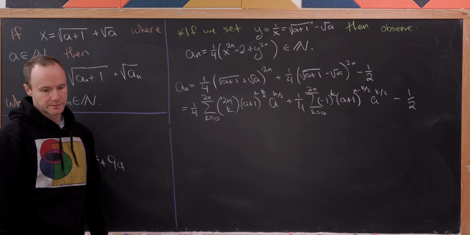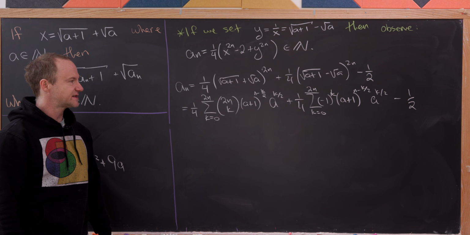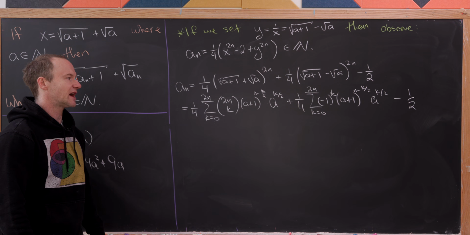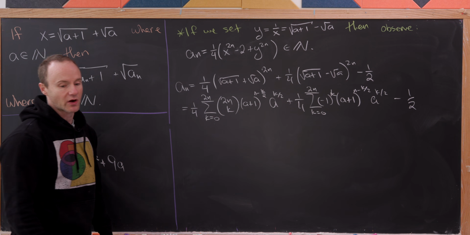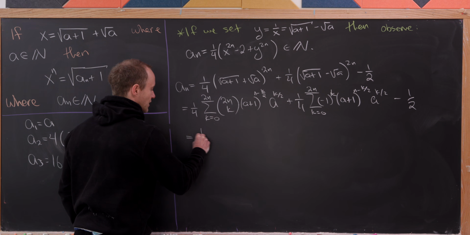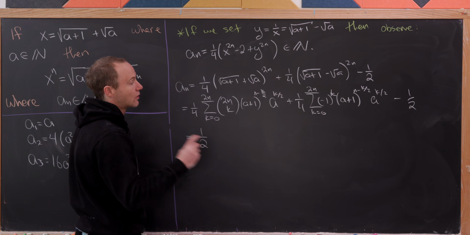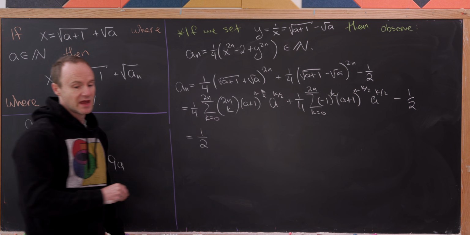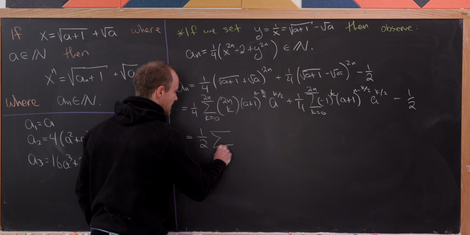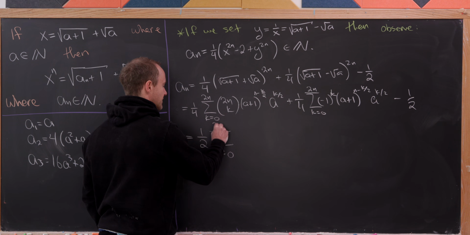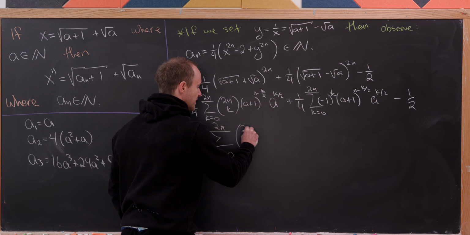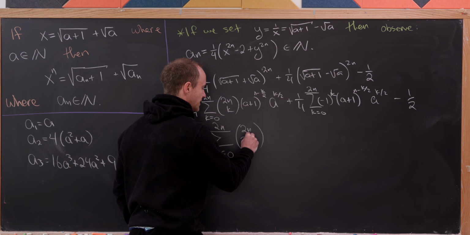Okay, good. And then let's observe that when we add those two things together, the only terms that survive are even. So that means we'll have 1/4 plus 1/4 is 1/2. And then after re-indexing, keeping only the even terms, we have the sum as k goes from 0 to n of 2n choose 2k.